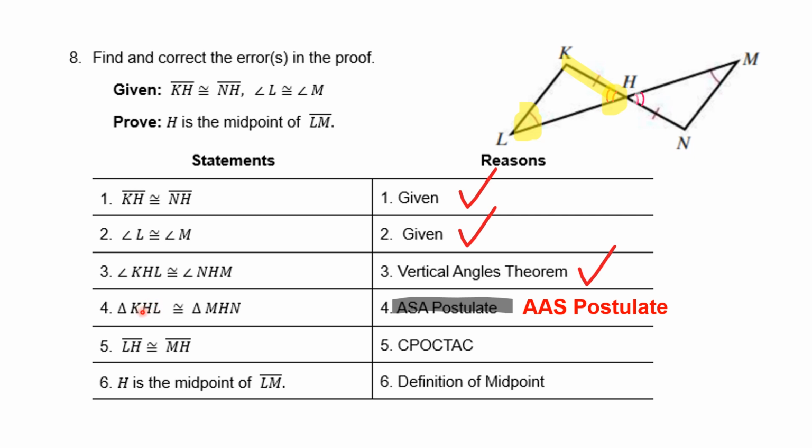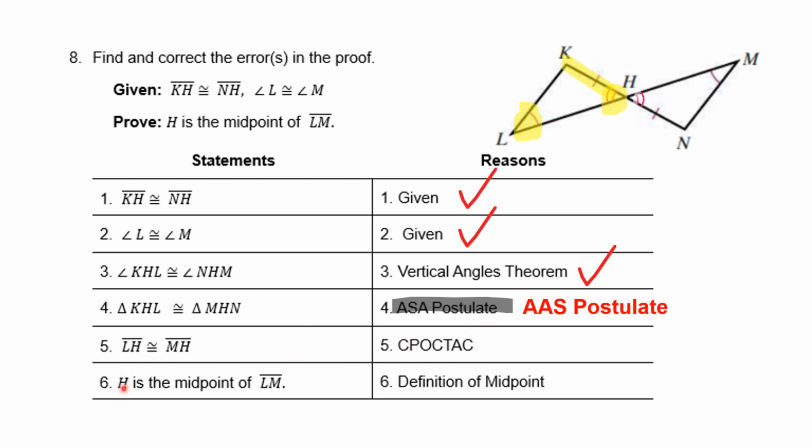LH is the side that connects the two marked angles. That's how we'll make sure that it matches up. So LH is the side of the triangle that connects the two marked angles. Is MH the side that connects the two marked angles? It is, right? So LH matches up with MH, so that works out by CPCTC.